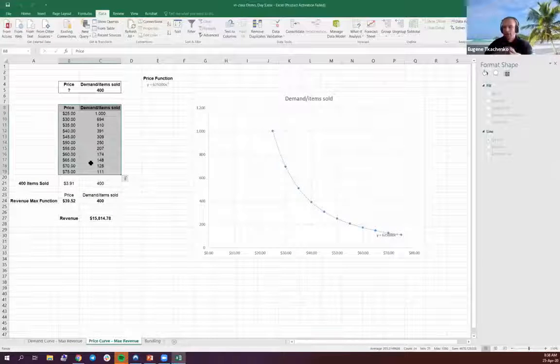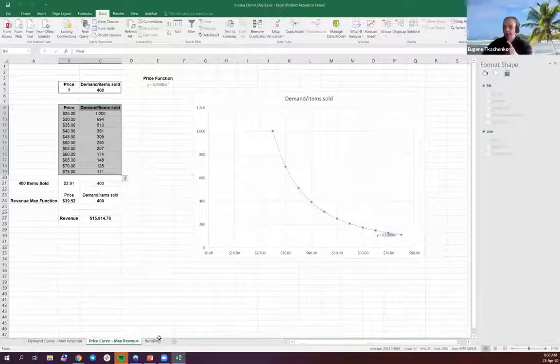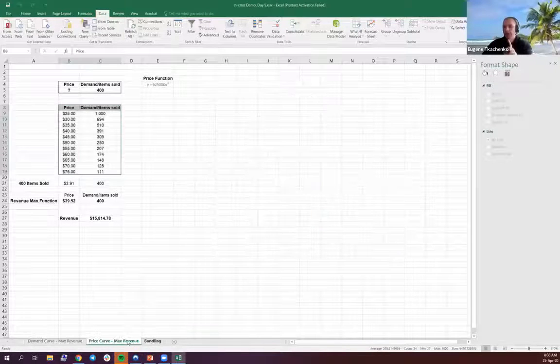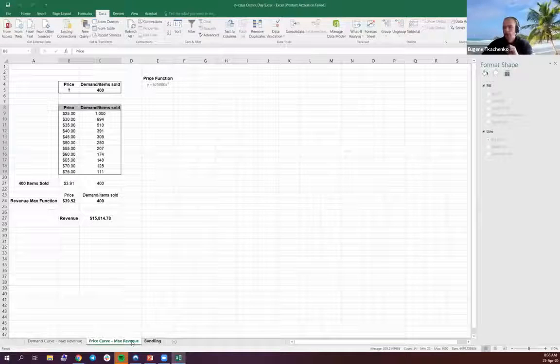So the way we will be progressing from now on, I have only one other bundling example, which again is based on dummy data, but that dummy data will make sense to you once we start talking about it.